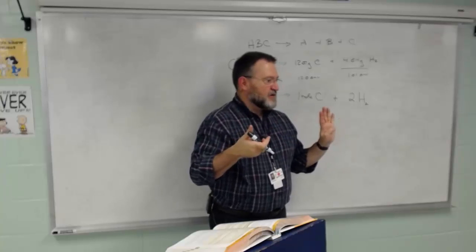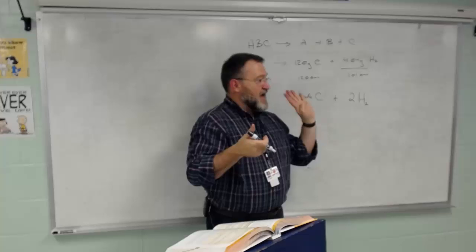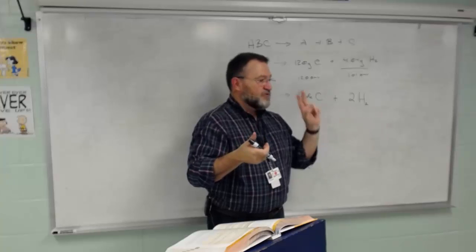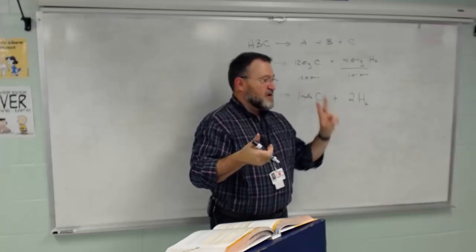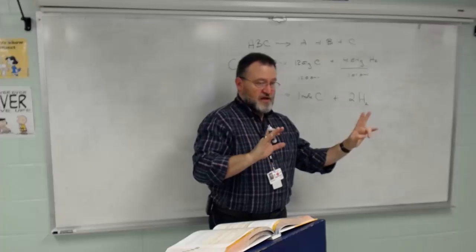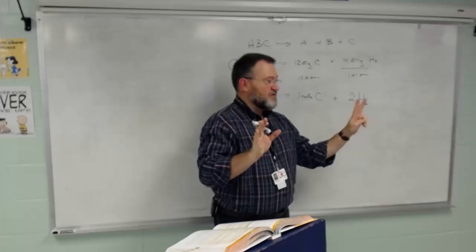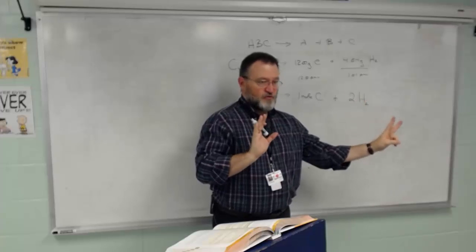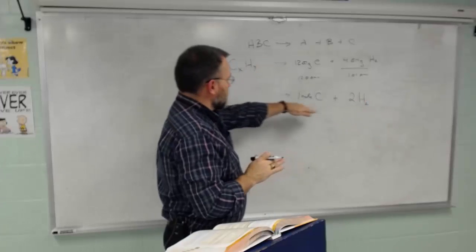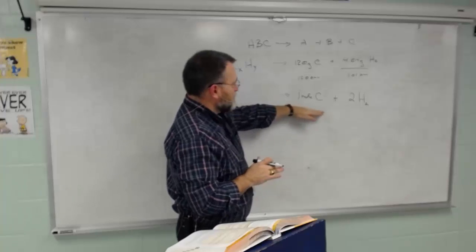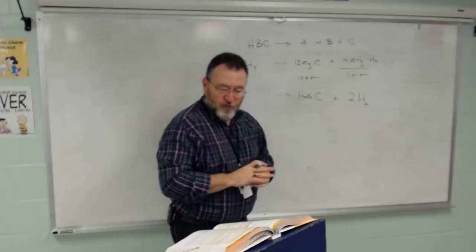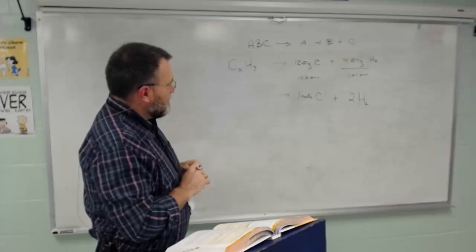It goes around as a molecule. I've got 4 moles of atoms, which means I've got 2 moles of the diatomic molecule. 4 moles of the atom is the same as 2 moles of the molecule, because each molecule has 2. So the product of reaction is 1 mole of carbon and 2 moles of hydrogen.